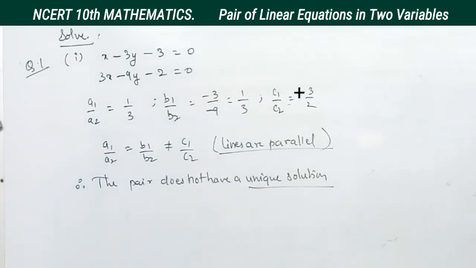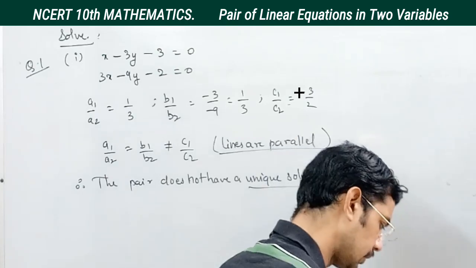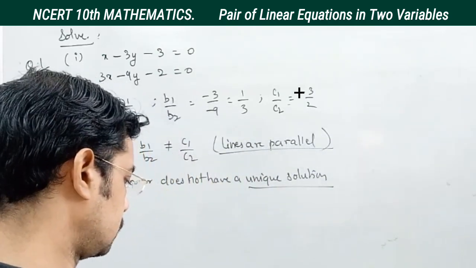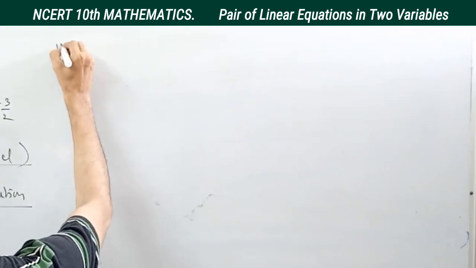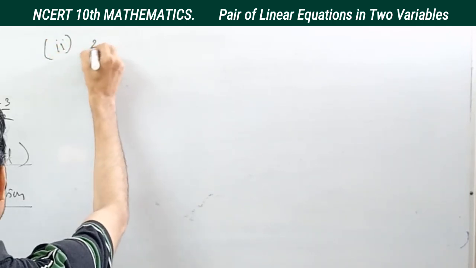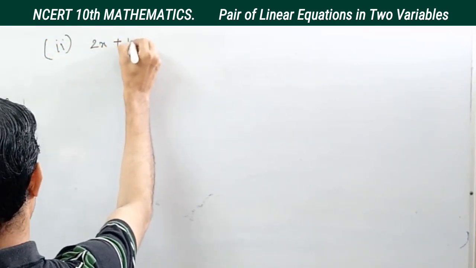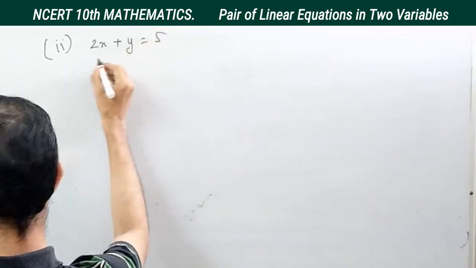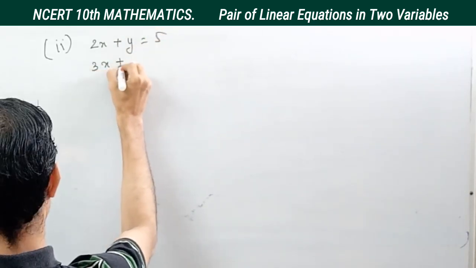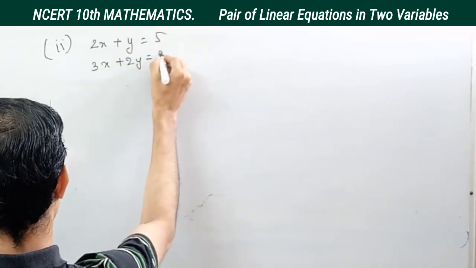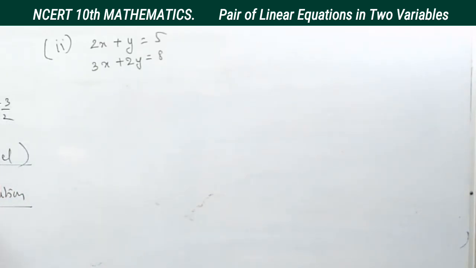Now let us consider the second question. In the second question we have 2x plus y equal to 5, and 3x plus 2y equal to 8. In these two equations, what to do?